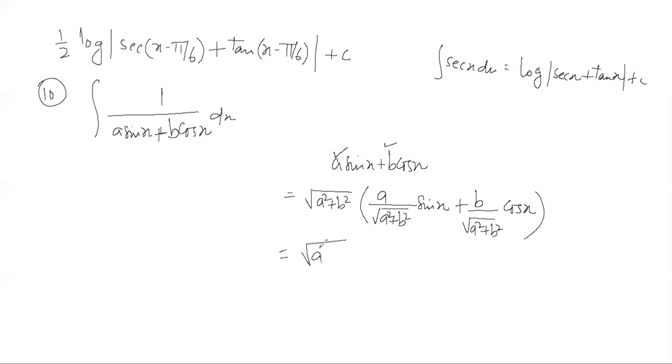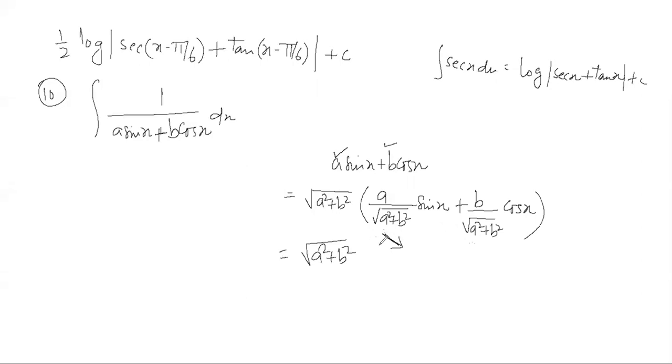The next step: either way, we can write this as sin alpha, and then this would automatically be cos alpha. If we write this as cos alpha, it would be sin alpha. This is all up to you. Whatever you want, you can write.